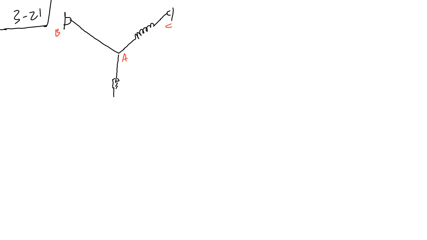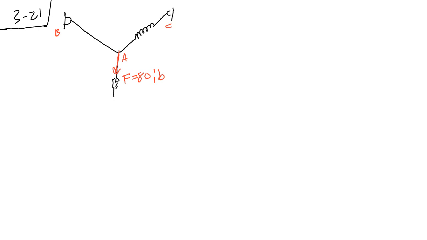So go ahead and write that in. So the force being pulled down here equals 80 pounds. And what else? There's tension over here to the left. It's called tension AB.